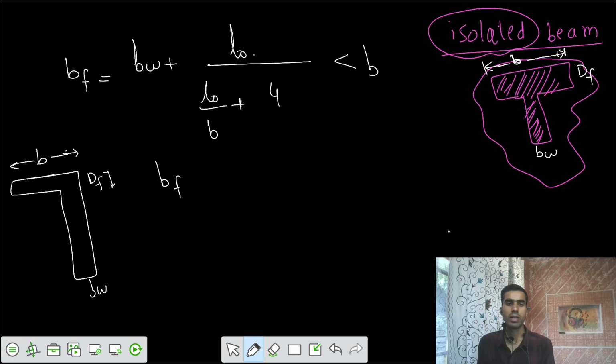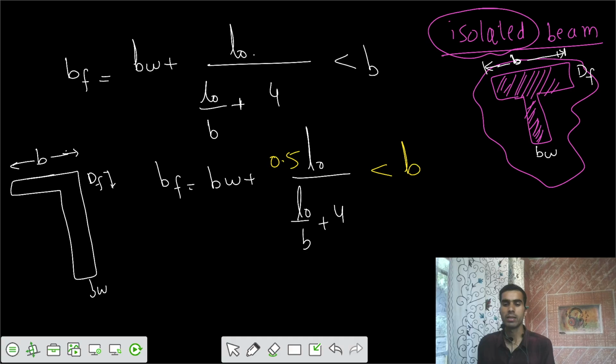For this one we write BF equals BW plus L naught by B plus 4, with a factor of 0.5, and this should be less than B. Okay, this is the end of those equations.